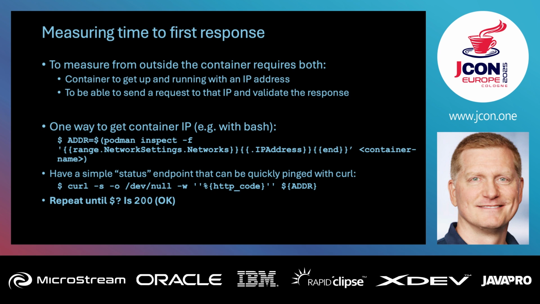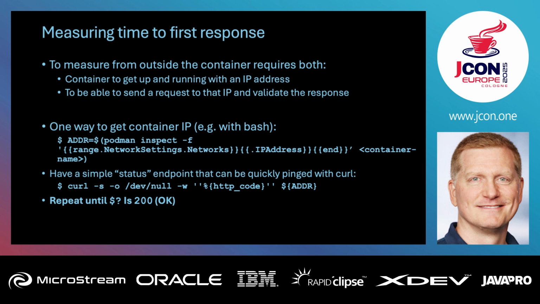Oh, actually, sorry, let me talk about how you can measure first response first. In order to do it from outside, you need the container to get up, and you need to find out its IP address, and then you need to be able to send a request to that IP address and validate the response. I just put a couple of quick things here. I don't expect you to absorb this in the talk while you're sitting there, but there's a way of using podman inspect to get the IP address of any particular server or container that you're looking at.